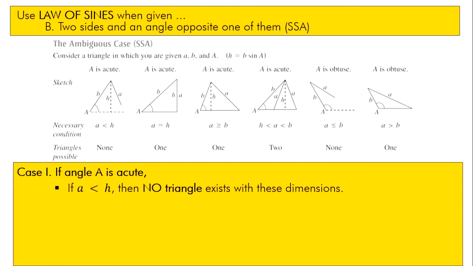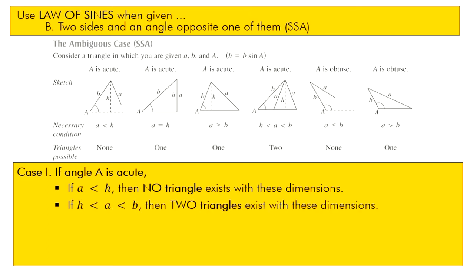You need to identify the height to know if there is no triangle, one triangle, or two triangles formed in the given problem. So if the side a is less than h, then it means there's no triangle that exists with these dimensions. Take note of that.